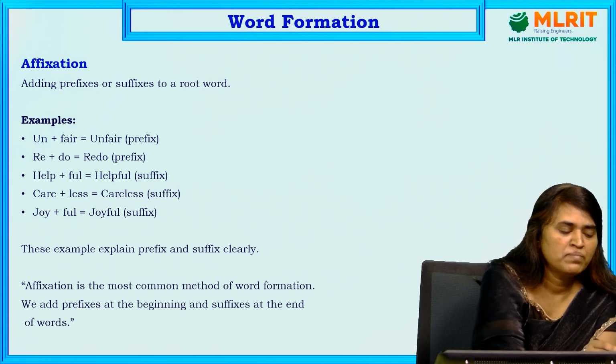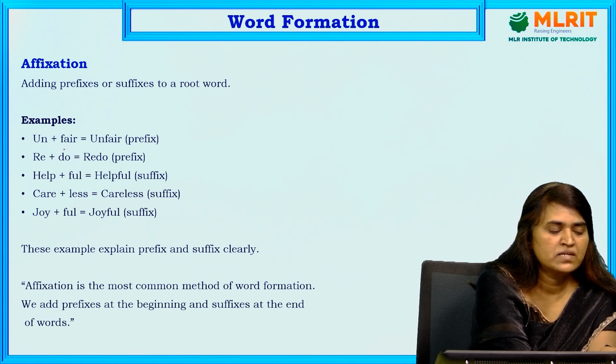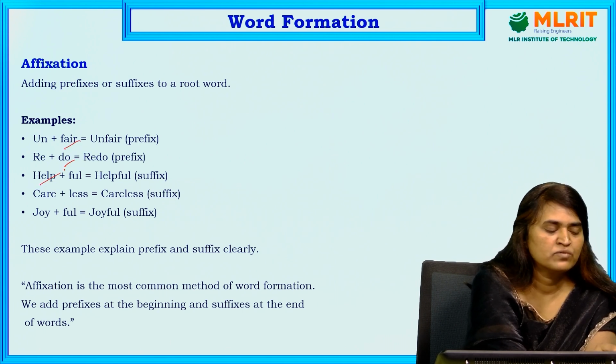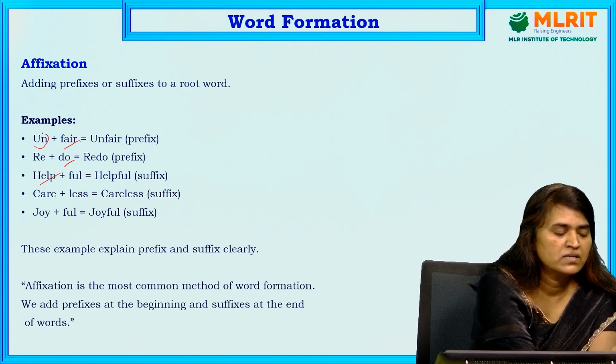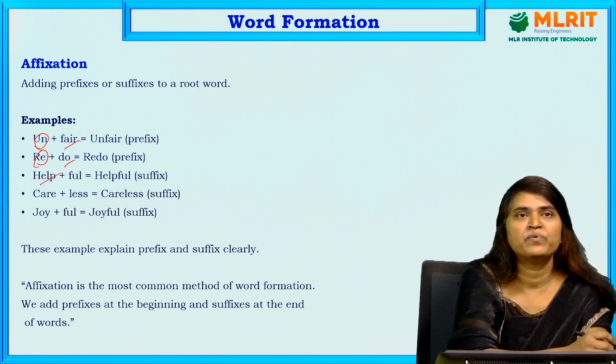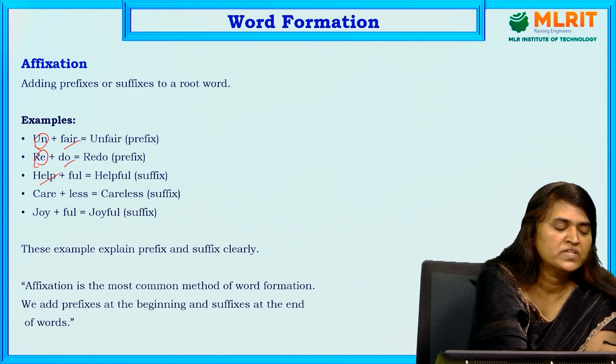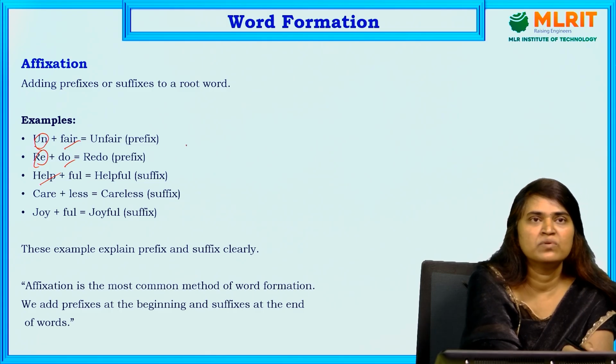So for example, here we can see unfair. Fair is a root word, do is a root word, help is a root word. So the first two words here, un and re, are prefixes. When we add prefixes, we get new words.